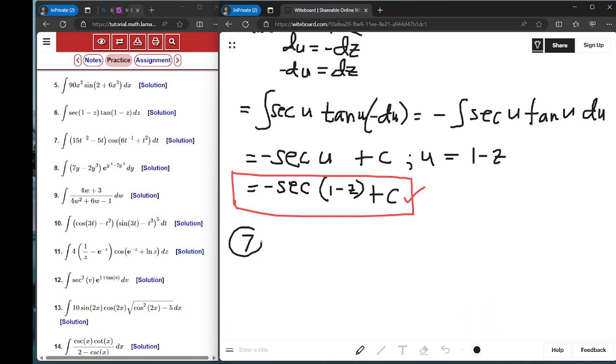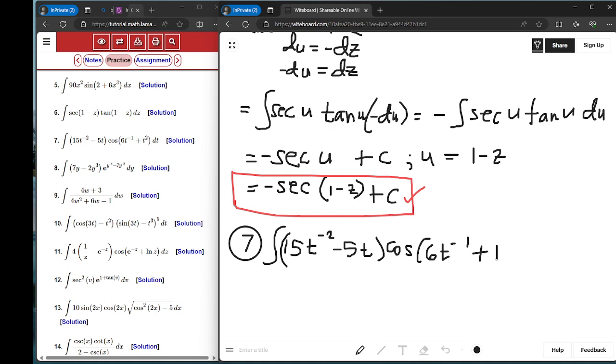Okay. Number 7. We have the integral of 15t to the negative 2 minus 5t. Do not forget the quantity sign. You have cosine of 6t to the negative 1 plus t squared, then dt.